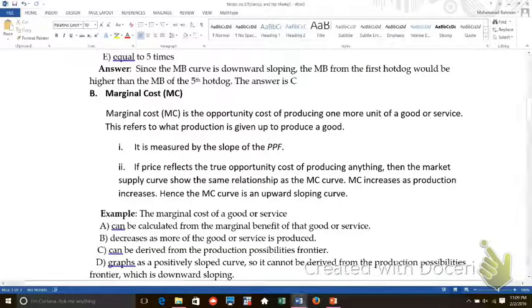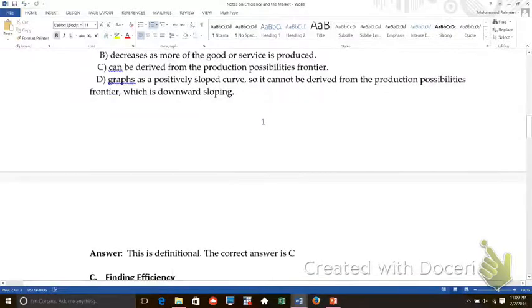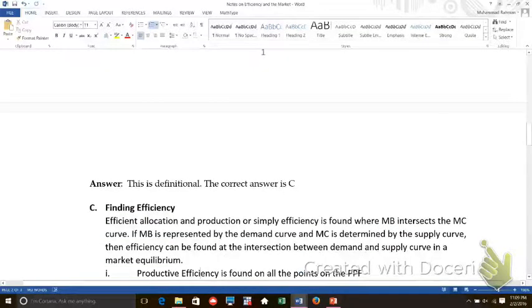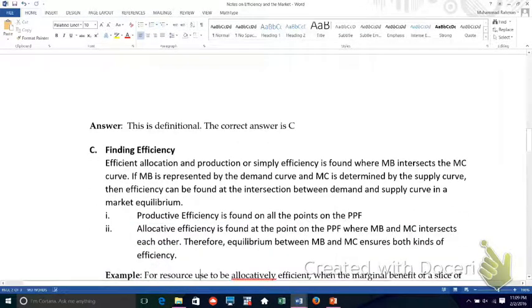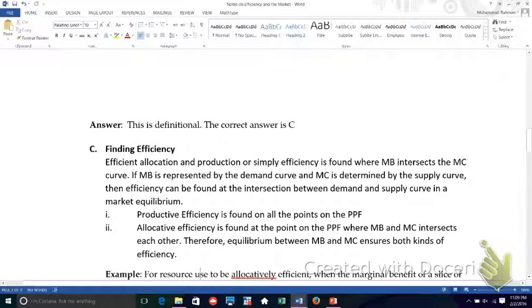Okay, so the next concept that we are now going to look at. We have now looked at two parts of the efficiency debate, marginal benefit and marginal cost. And we are now going to bring those two ideas together and see how we can find efficiency in our economy. So there are going to be alternative interpretations of how you find efficiency. To begin with, efficiency will be found where the marginal benefit and the marginal cost curves intersect each other.